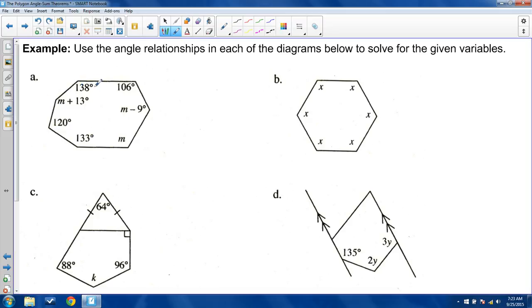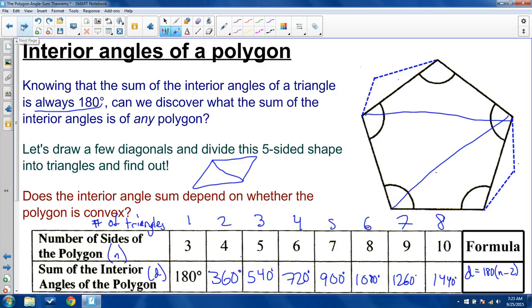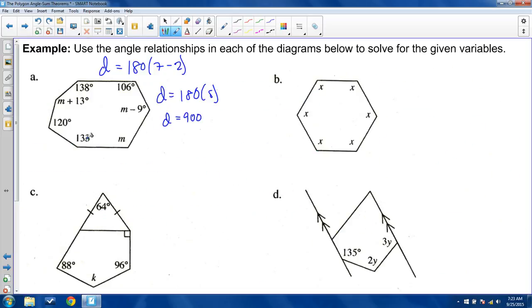So the idea is if I add up all of these angle measures, I'm going to get 180 times, there are 5 triangles in a 7-sided shape. That's 7 minus 2. 180 times 5 is, what is that, 900? A 7-sided shape, now you might have this table with you, but a 7-sided shape has 900 degrees of interior angle sum.